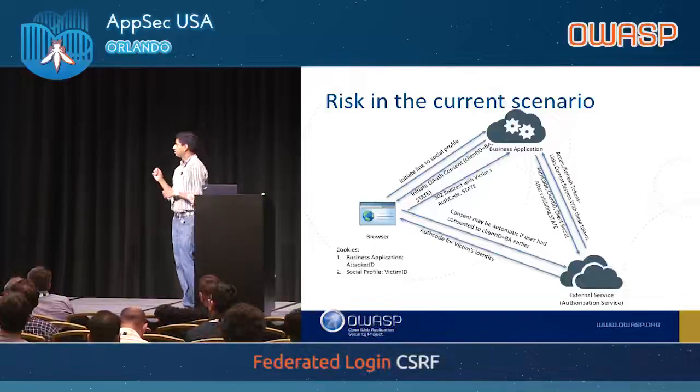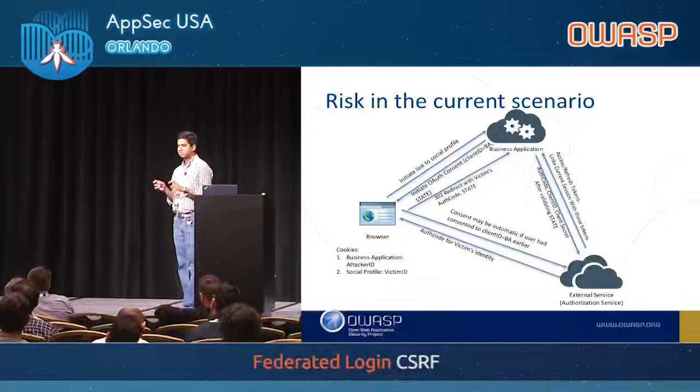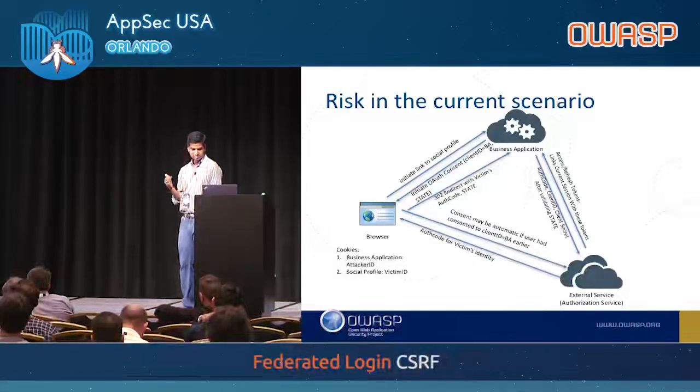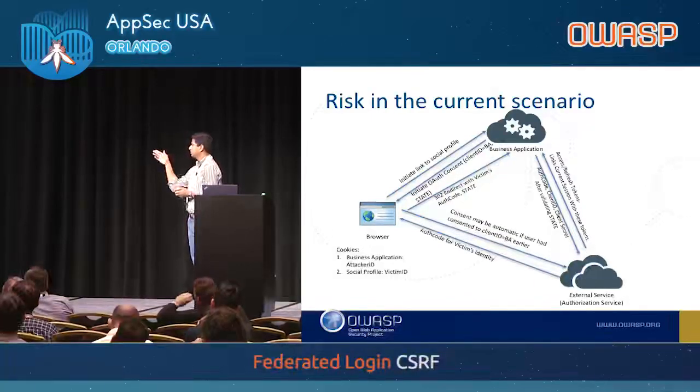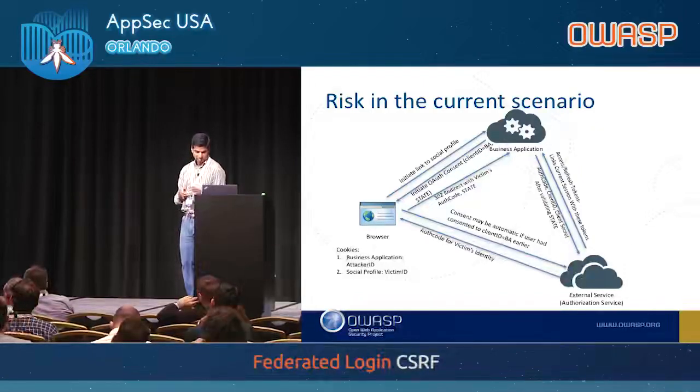When the connect to social profile feature is initiated, this would initiate the business application to start the OAuth consent flow, where the client ID is the business application itself. And here you can see that the business application implements the recommended state parameter and sets that in the consent dialog.